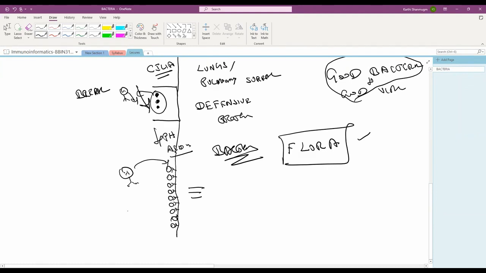Yes, sir. So this is why there are some cases in which the doctors may prescribe you to take a broad spectrum antibiotic. Do you know what is the meaning of broad spectrum antibiotic?